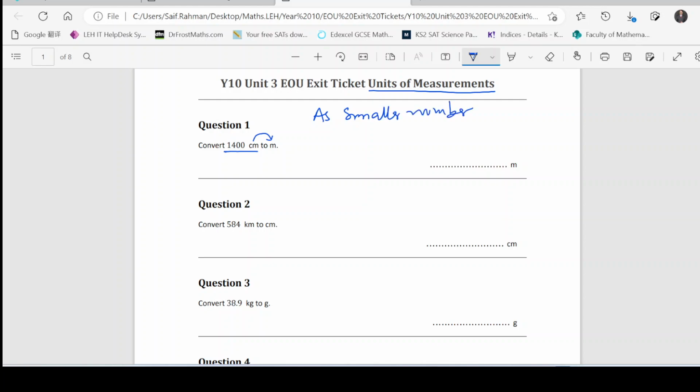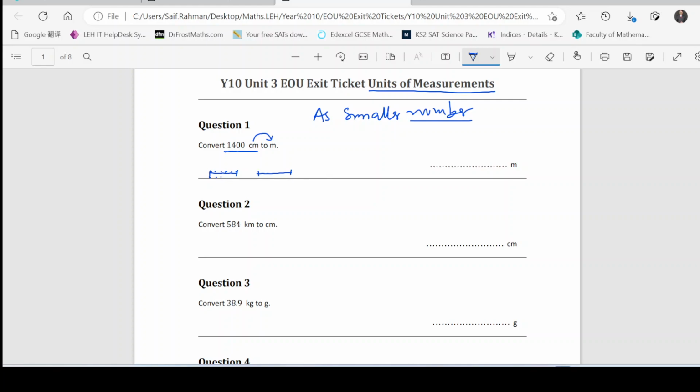Because it was in smaller centimeter pieces, but now you want a very big piece, that is a meter. When you convert, you add together a lot of smaller pieces and make it into a bigger piece. So the number will be small.